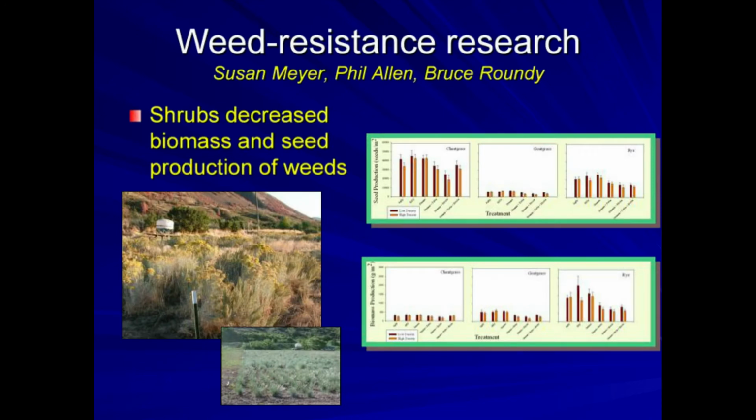Susan Meyer, Phil Allen, and I have a plot at the Spanish Fork Farm at BYU. We established 6 different kinds of plant communities: 2 different native grasses alone, those native grasses together, those native grasses with shrubs, mountain big sagebrush and rubber rabbitbrush, Chrysothamnus nauseosus, then those shrubs and grasses with forbs, and then just grasses with the forbs.